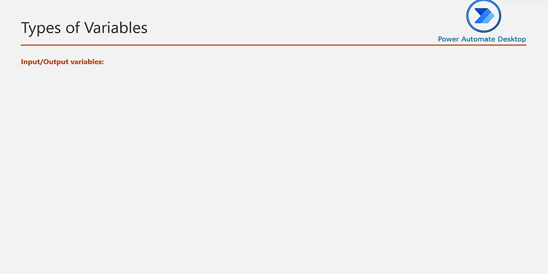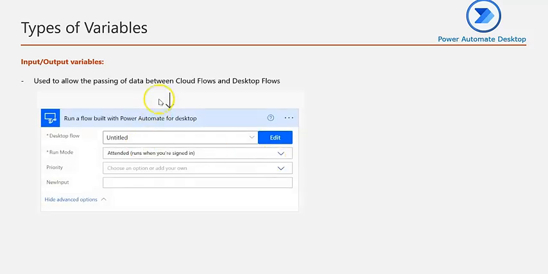Okay, this is the first option among the three, that is passing of data between cloud flows and desktop flows. So this is the cloud part. That's why I've shown it in the form of a screenshot. When you build a cloud flow, if you remember, there were 1000 plus connectors. One of the connectors is run a flow built with Power Automate Desktop. When you open this connector, you will be asked to fill up the desktop flow name.